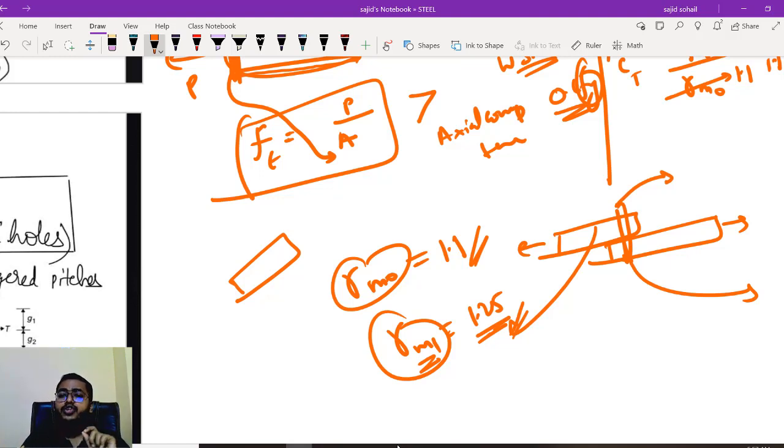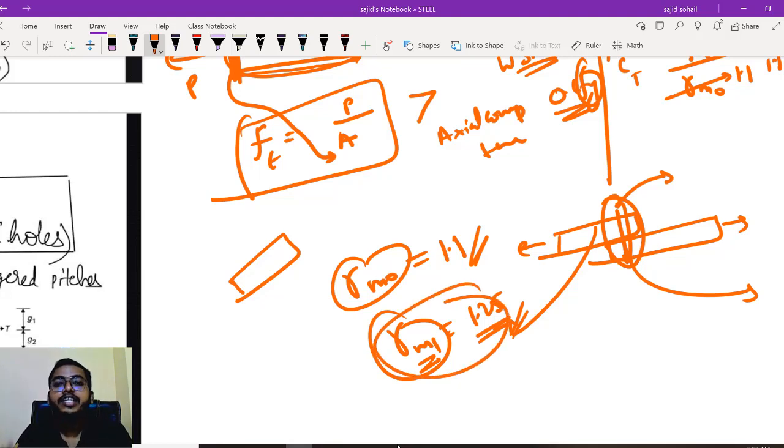So you should give more care to your connections, the bolts and welds should have proper strength. Therefore we are not taking any risk. We take a higher partial factor of safety for connections, which is 1.25.